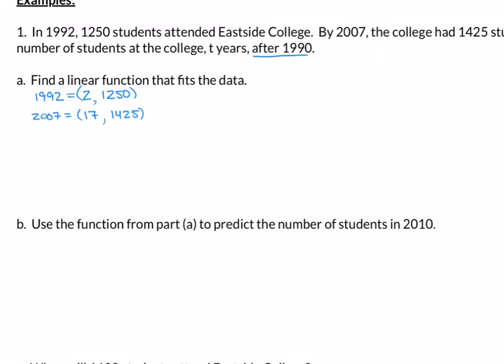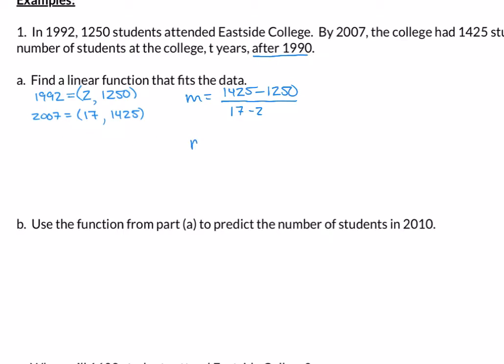So our first step is to find our slope. So I'm going to let the second point, the 17, 1425, be my x2, y2. So if we subtract our y coordinates, we get 1425 minus 1250 over 17 minus 2.